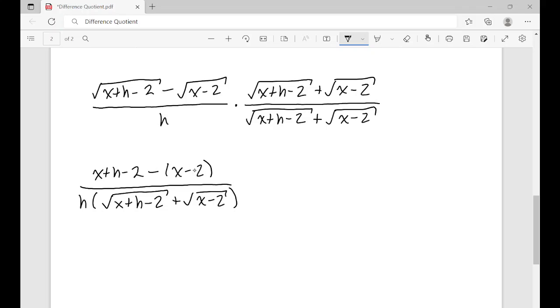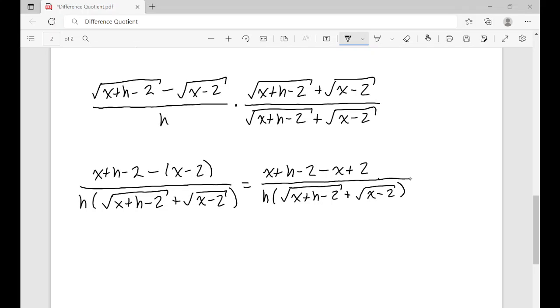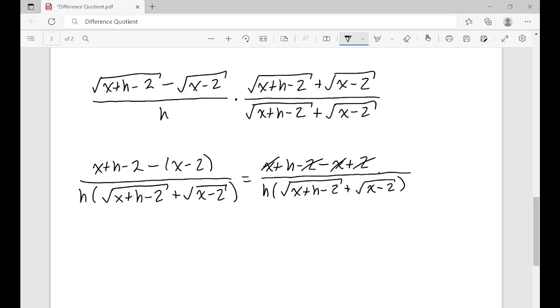Now, distribute the negative across this parentheses. We're going to get x plus h minus 2 minus x plus 2 all over this whole lovely bottom of a fraction. And just like before, anything without an h up top should cancel: positive x, negative x, negative 2, positive 2.